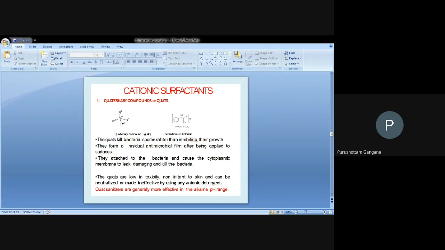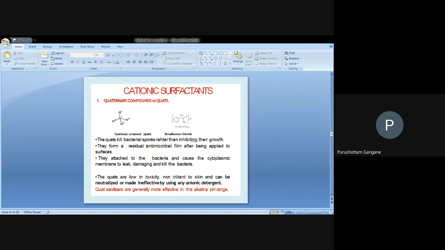So they are toxic in nature, and how do they act? They attach to the bacteria and cause the cytoplasmic membrane to leak. They break down the cytoplasmic membrane, and whatever essential nutrients are present inside the cell get outside. They come outside the cell, and there is death of the bacterial cell.